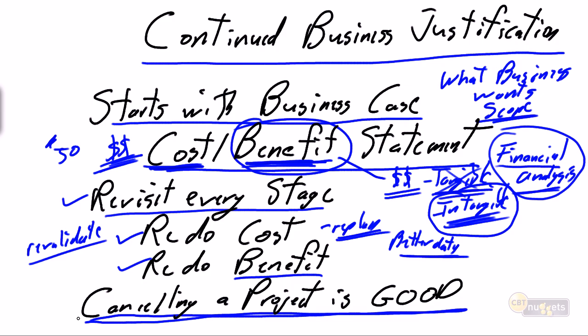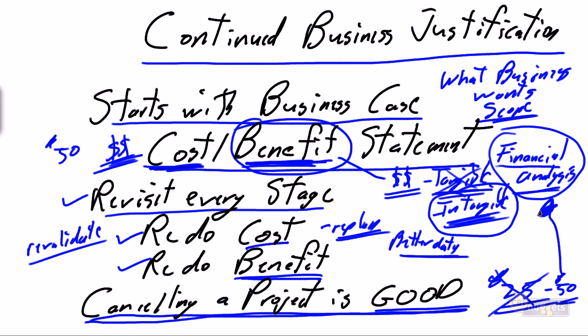You may be at the end of design and you may have spent 50% of the total expected budget on the project, but if the cost has gone up or the benefits have gone down or the project just plain doesn't make sense, canceling that project at the end of design, recognizing that we sunk $25,000 into it, and I'm going to call that wasted money, $25,000 down the drain, is still better than taking that $25,000 down the drain than continuing and spending another $25,000, taking it up to $50,000, but having a project that is not financially justified.